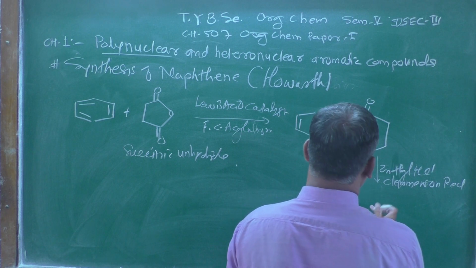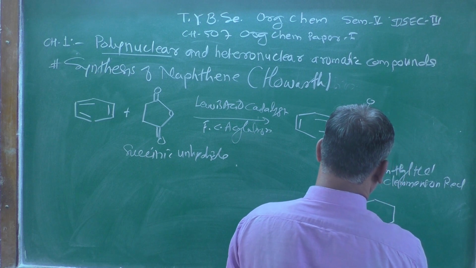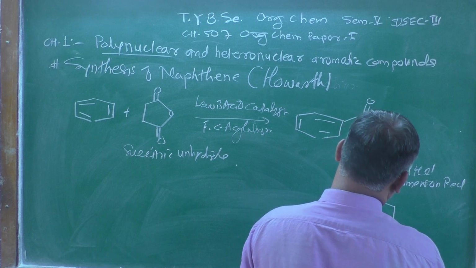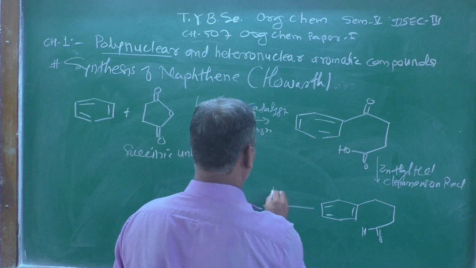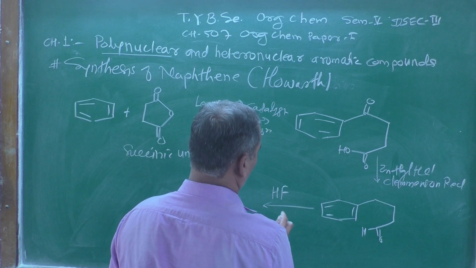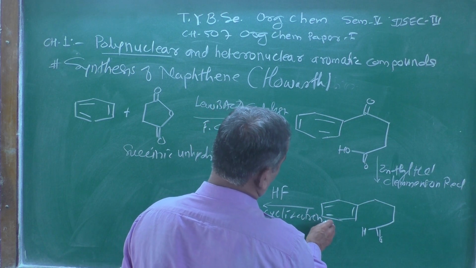Let me draw the structure once again like this. Here you will get C double bond O, OH. Then he used hydrogen fluoride for cyclization purpose.